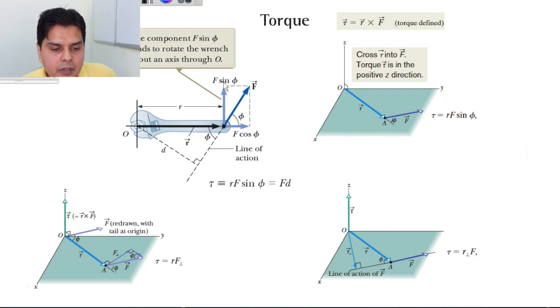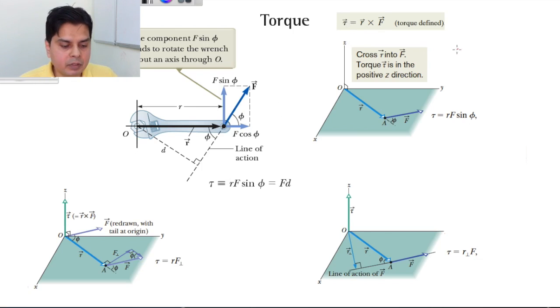Whatever is the component in the perpendicular direction is the contribution of this force towards the rotation. So that's why this torque is also R F sin phi, or I can write R sin phi as this distance d, which is also called the lever arm. So torque is equal to F into d.